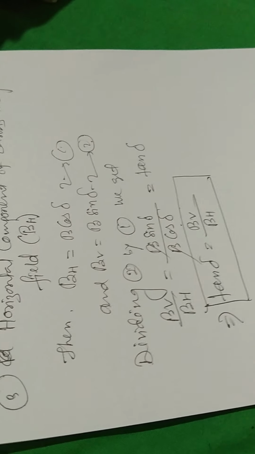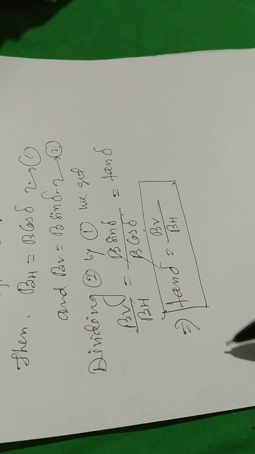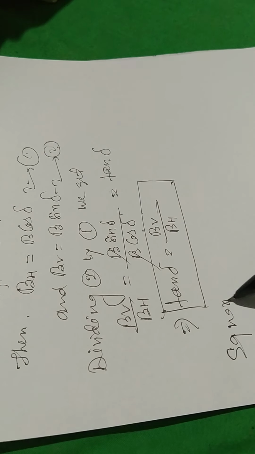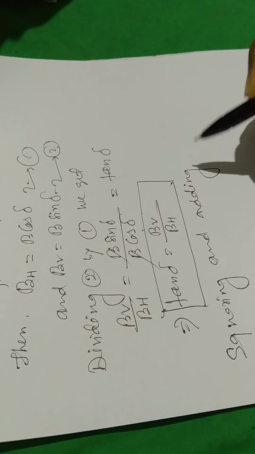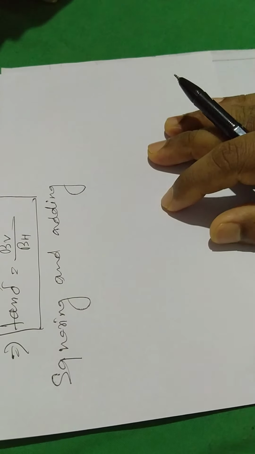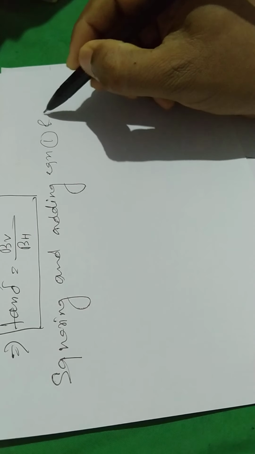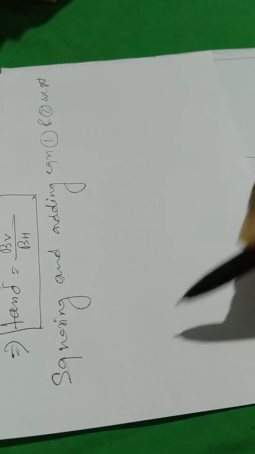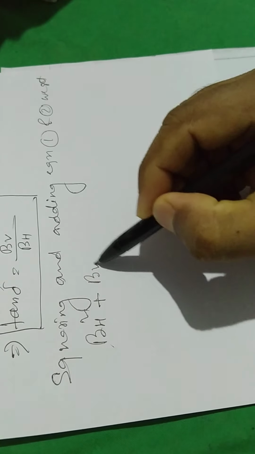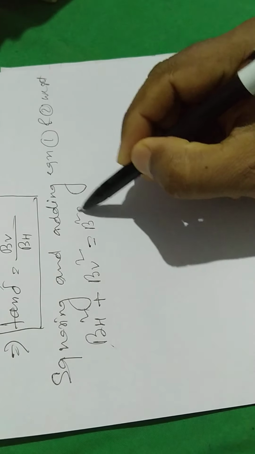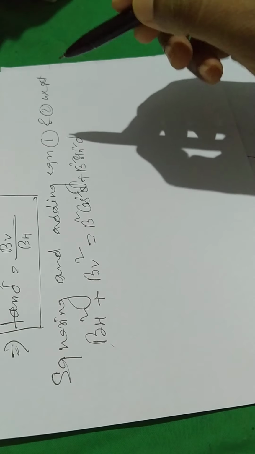Now, squaring and adding equations 1 and 2, we get BH square plus BV square equals B square cos square delta plus B square sin square delta.